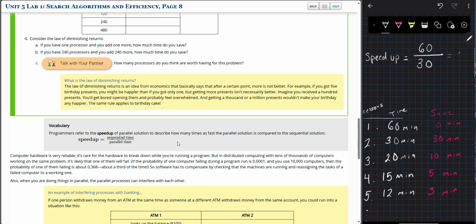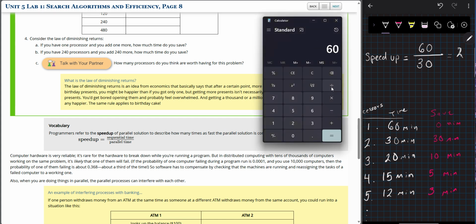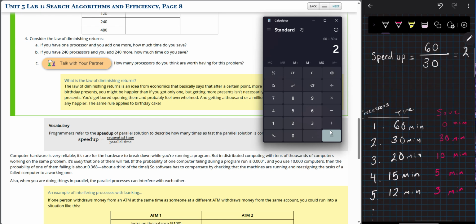This would be equal to, no, speed up of 2, right? 60 divided by 30 is 2. Pretty sure. 60 divided by 30. Yeah. So speed up of 2.